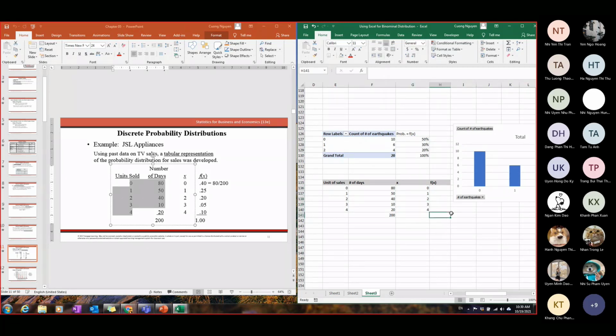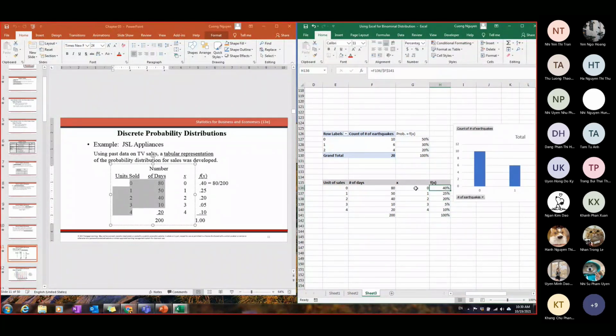Okay. But however, for f(x), how can we do it? The function is very easy, the same thing, right? We take the number of days and divide by 200 in total. So that will be 40%. And you also get all the numbers. Okay, and of course the total will be 100%.